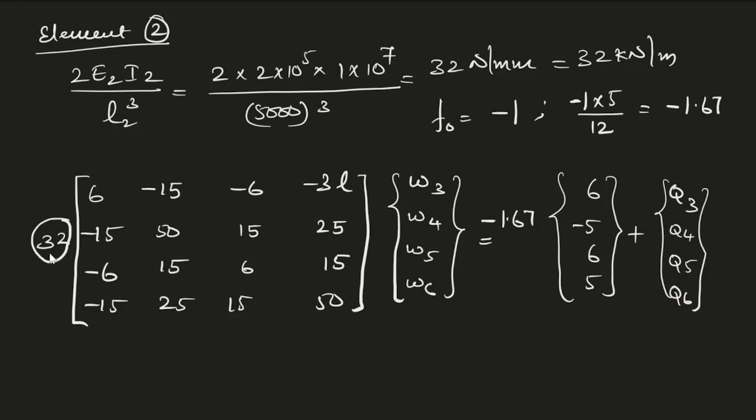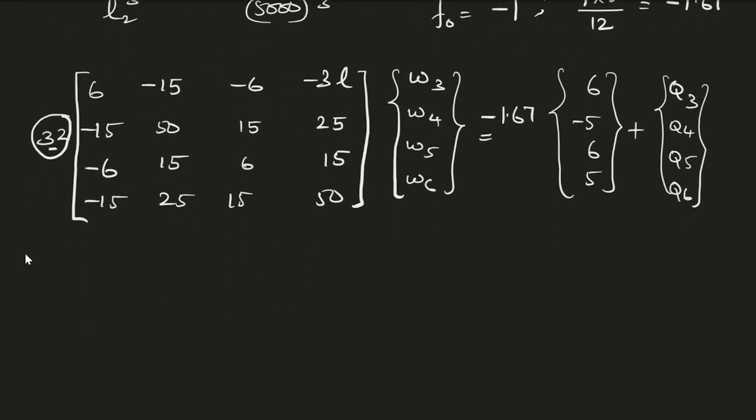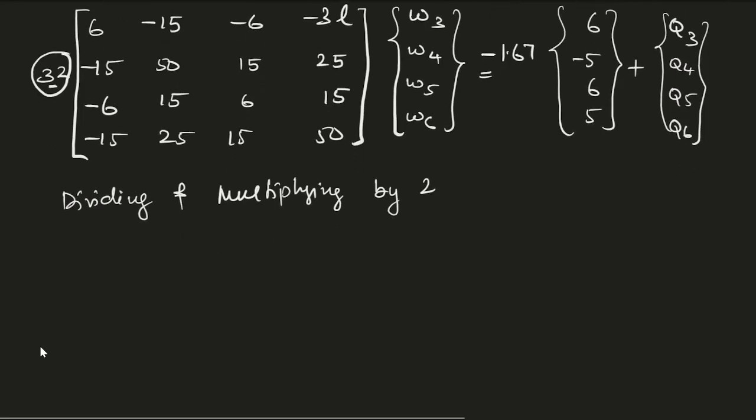So here we are multiplying and dividing by 2, so that this will become 64, and the divided by 2 will get applied to all the elements over here.